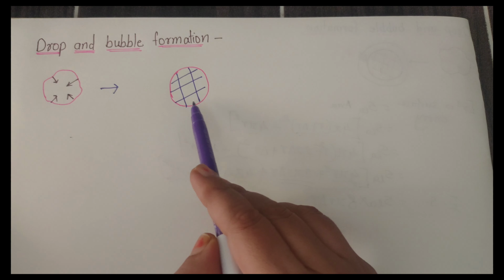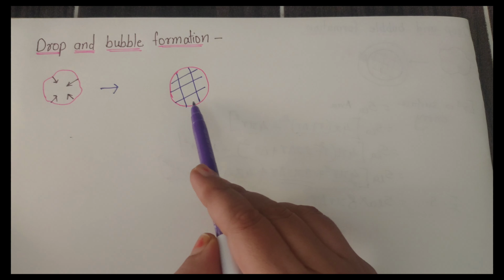So what is left? S_LA into 8 pi r del r, and this is equal to the extra surface energy. So we got one equation: extra surface energy is equal to surface tension into 8 pi r del r. This is equation number 1.